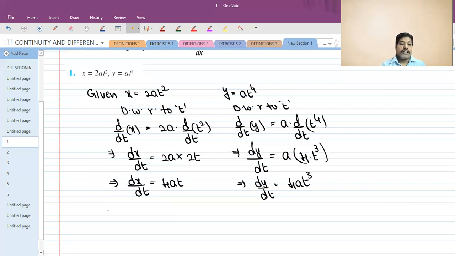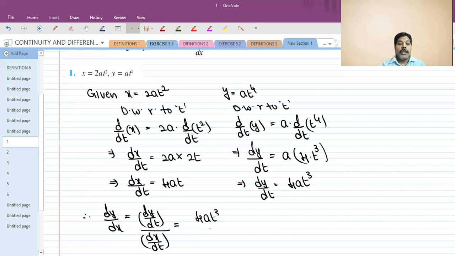So what is being asked? The question is the dy by dx value. So how can you write this? dy by dx is dy by dt divided by dx by dt. dy by dt you have already calculated, that value is 4a t cube, divided by the dx by dt value.